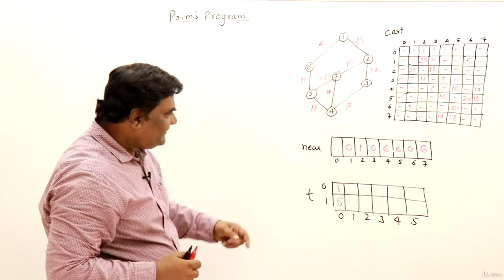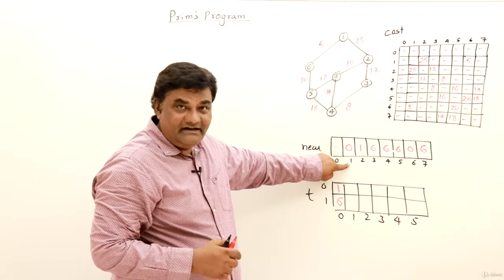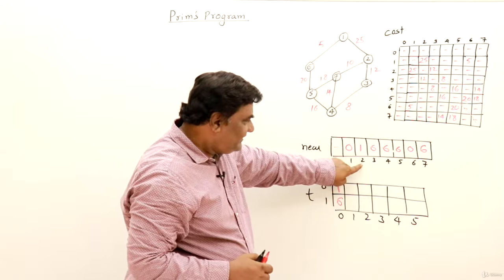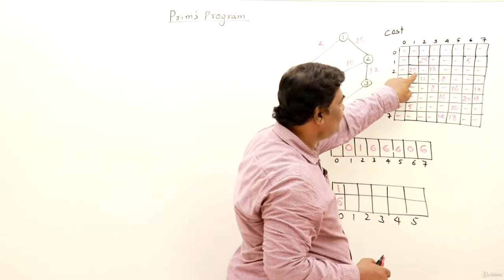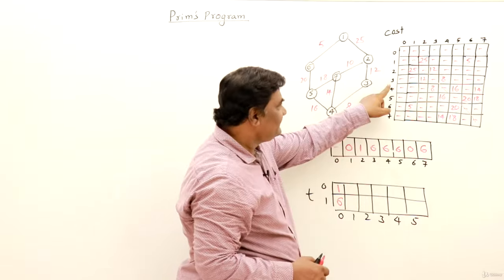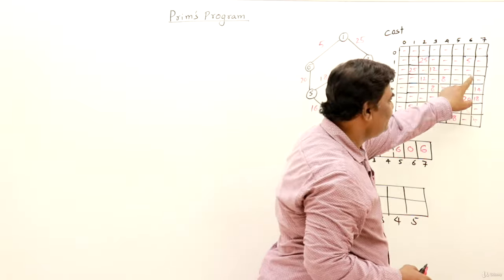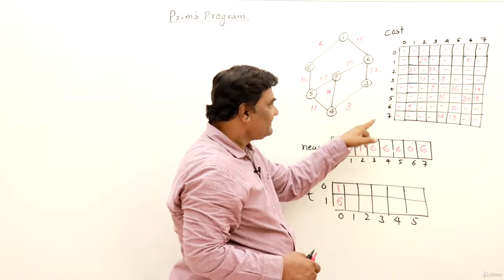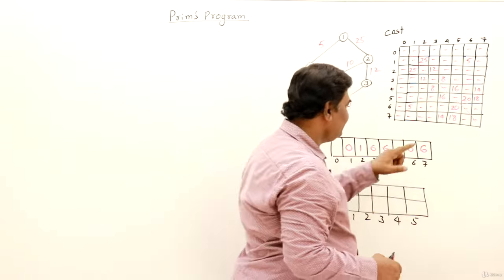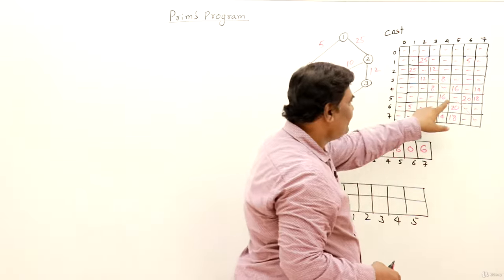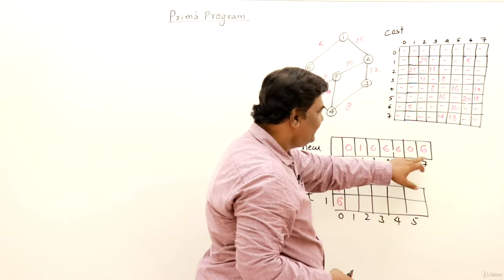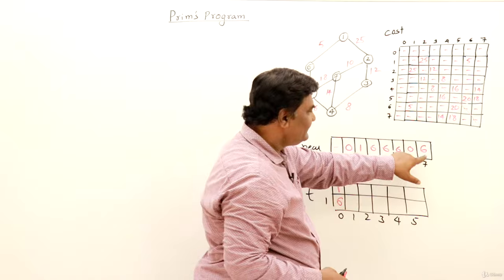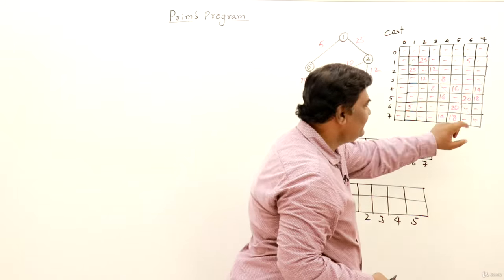Check the index: 2, 1, 25. 3, 6, infinity. 4, 6, infinity. 5, 6, 20. Then 6, leave it, because this is already 0. 7, 6, infinity.